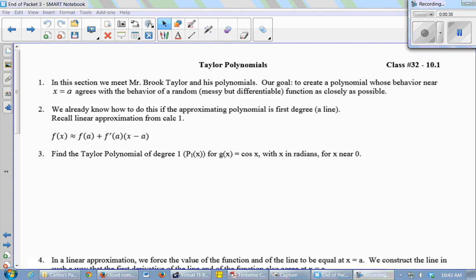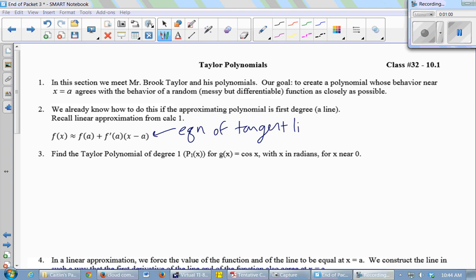And we've already done a little piece of this in Calc 1 by approximating our function with a first degree polynomial, or a line, right? So we did this thing called linear approximation, and the linear approximation was just the equation of the tangent line, right?